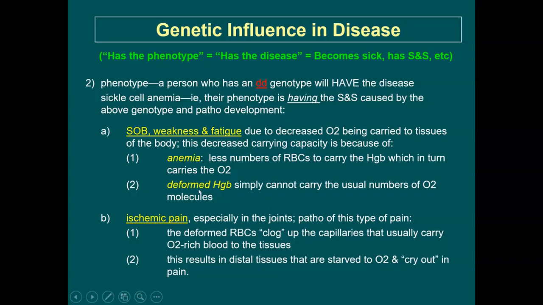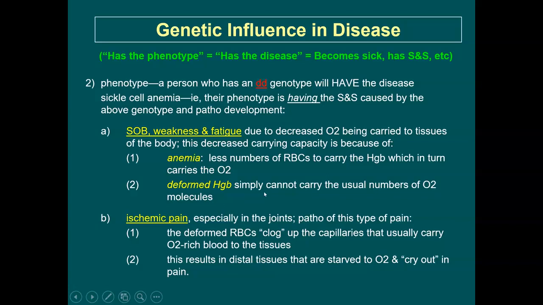In addition, the hemoglobin is sickle-shaped, and this deformed sickle-shaped hemoglobin is not as efficient at carrying as much oxygen as a healthy, normal-shaped hemoglobin is. In addition, these individuals can get what's known as ischemic pain, and it tends to occur in the joints.